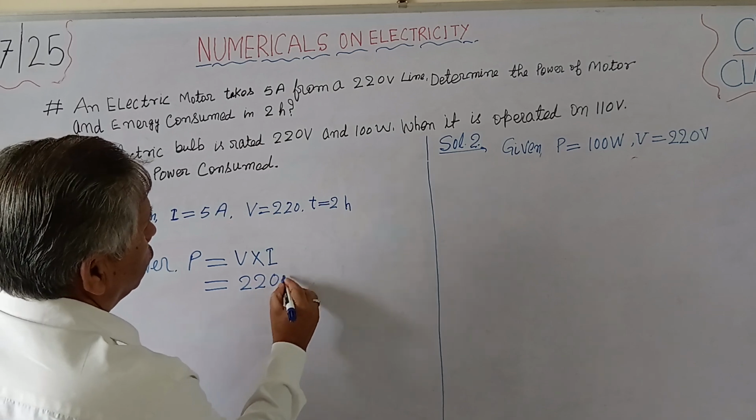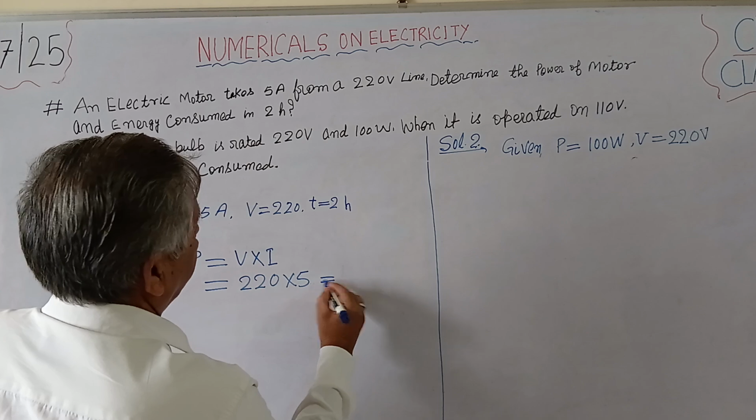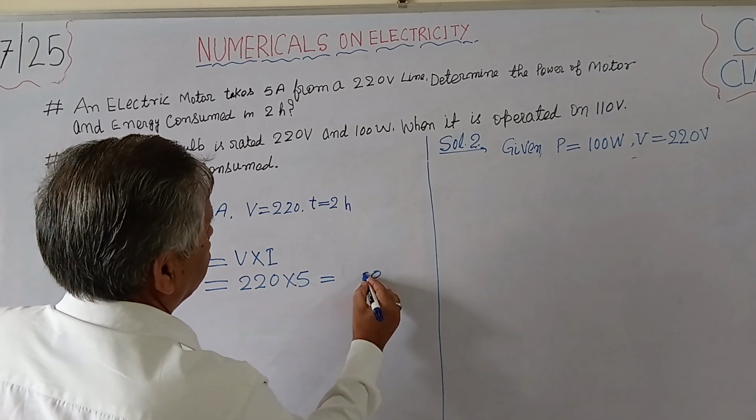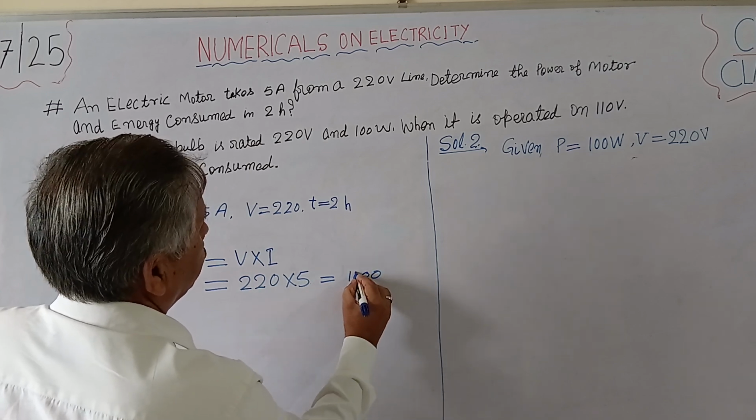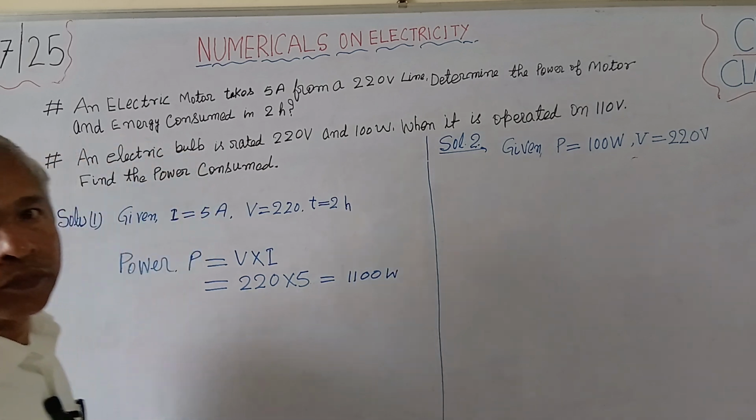So 220 into 5 will give us power, that is 1100. So we have got 1100 watt power.